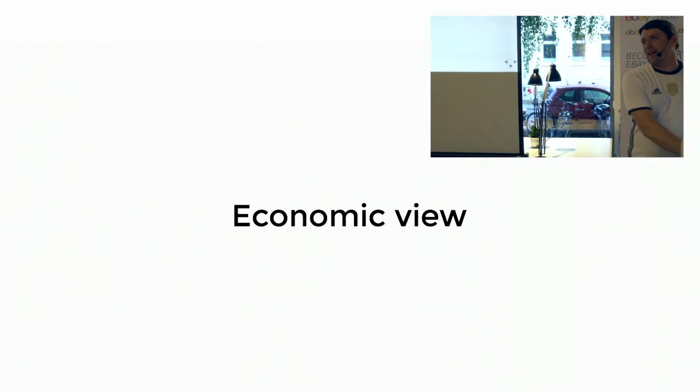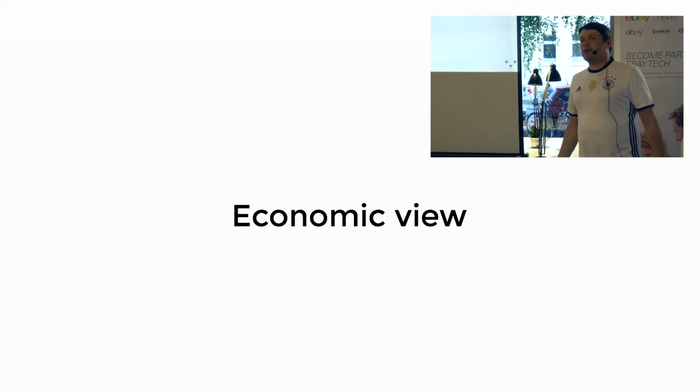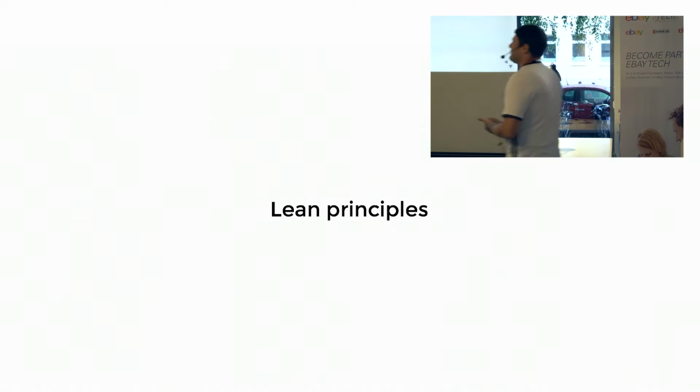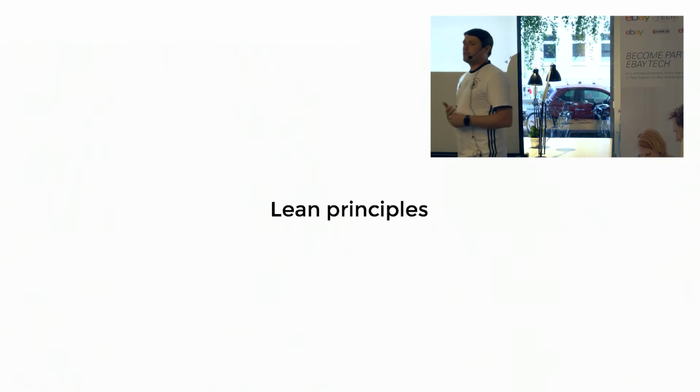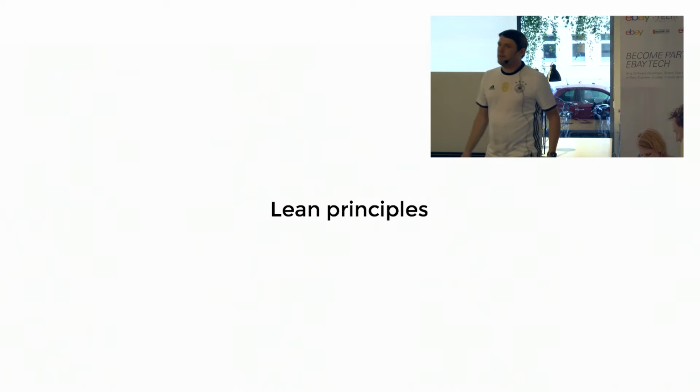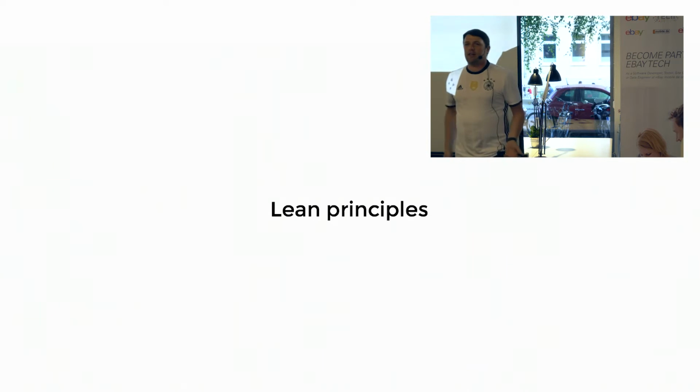And as the title of the talk might already have mentioned, we are also talking about lean. So maybe you have heard something about Kanban. Well, that's not what I mean with lean. Lean is basically much more than just having a board and some post-its on it.